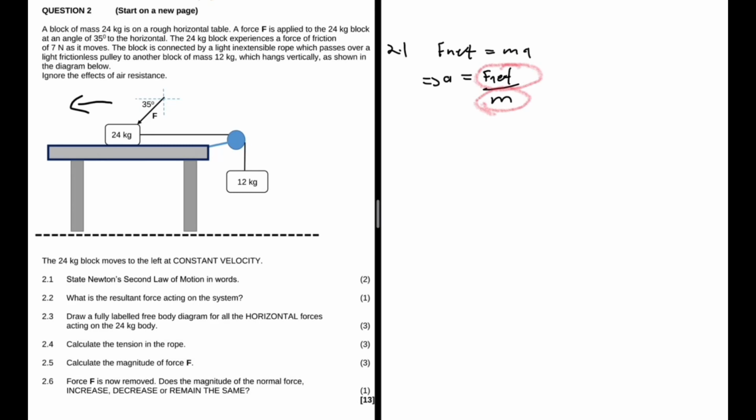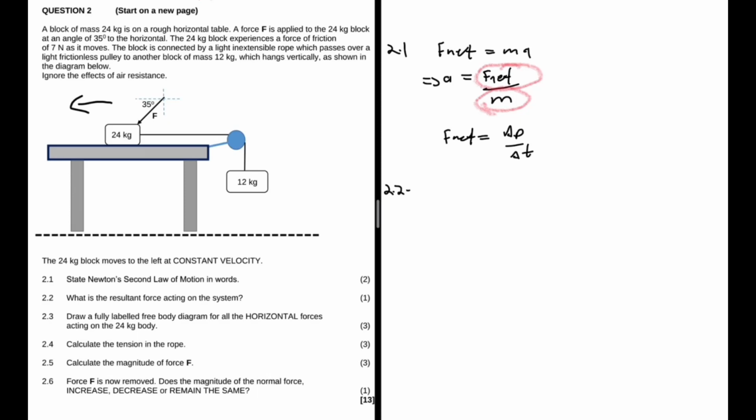You can also say that F net is equal to delta P divided by delta t. That is Newton's second law in terms of momentum. It says that the net force acting on an object is equal to the rate of change of momentum of the object.